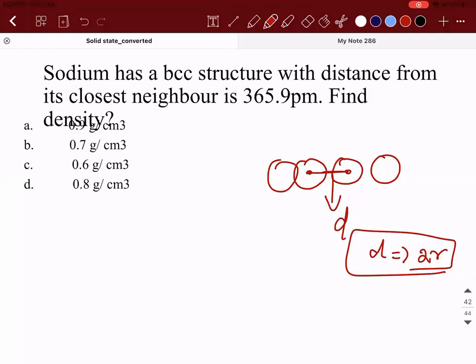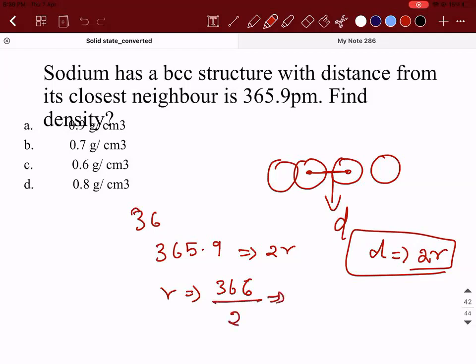So the distance is 366. This is the diameter, 366 is equal to 2r. So r is equal to 366 divided by 2, which is 183. Yes or no?